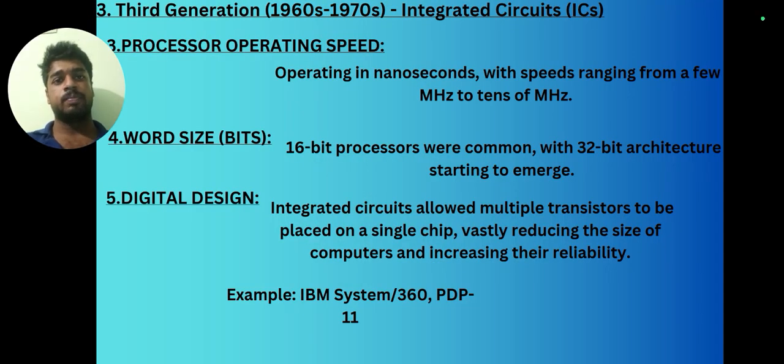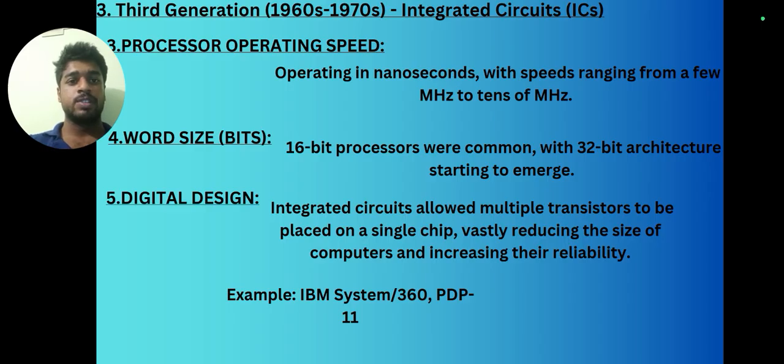Third generation processor operating speed: it operates at megahertz to tens of megahertz with nanosecond speed. In bit size, 16-bit processors were common, with 32-bit architecture starting to emerge.